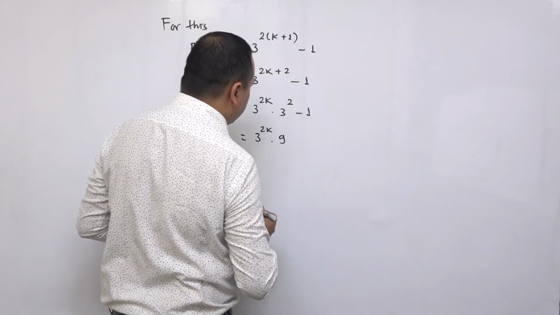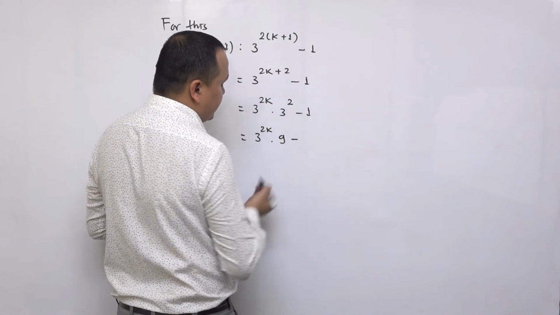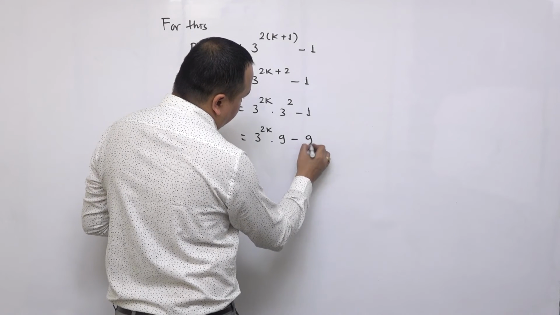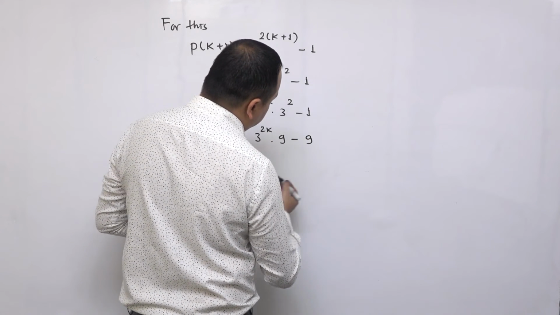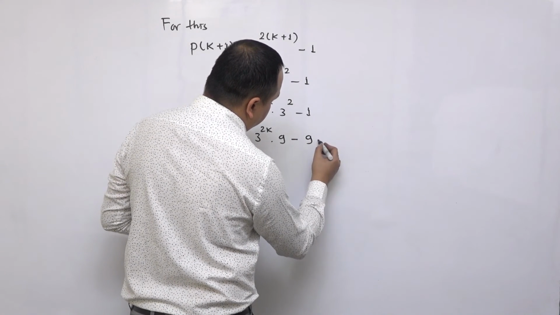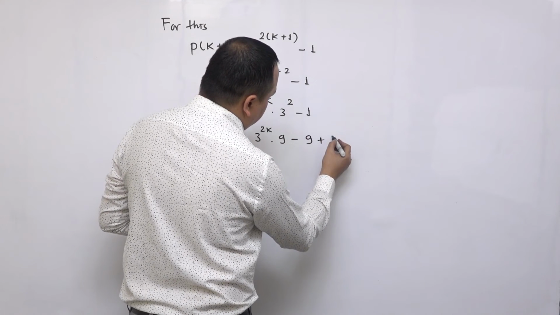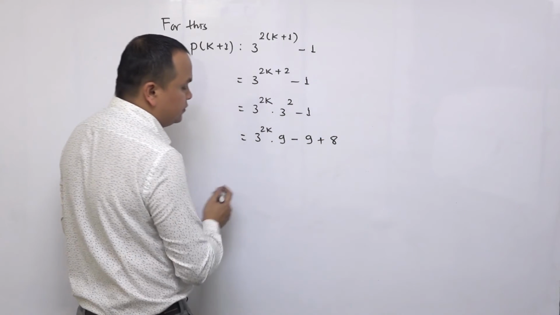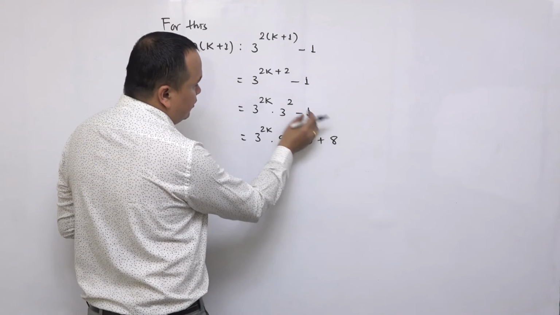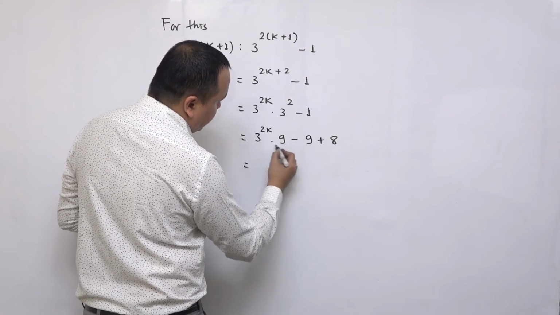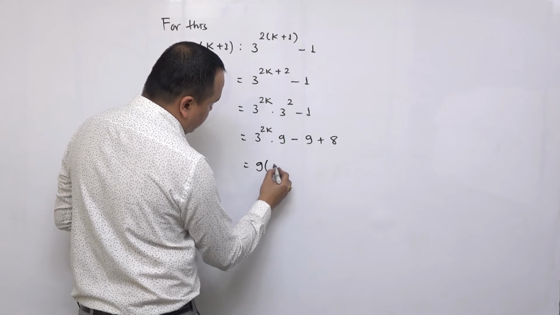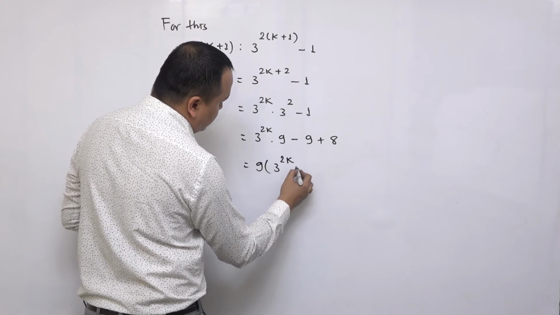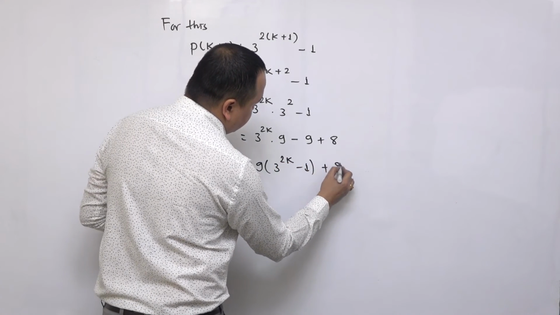Then minus 1 can be written as minus 9 plus 8. Minus 9 plus 8 minus 1. Here 9 is common: 9 times (3 to the power 2k minus 1) plus 8.